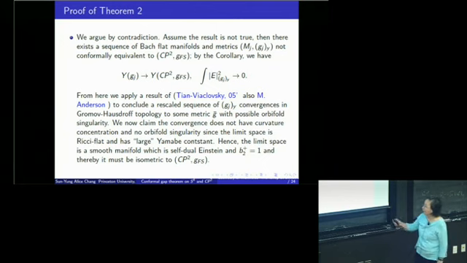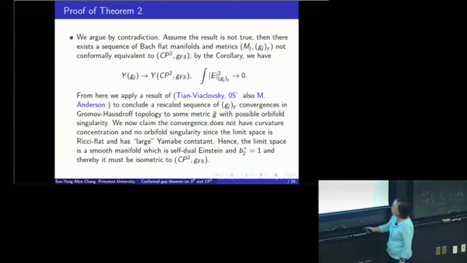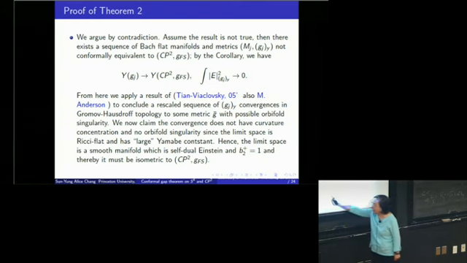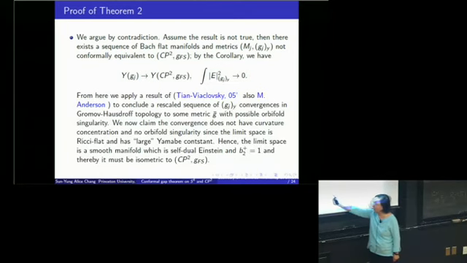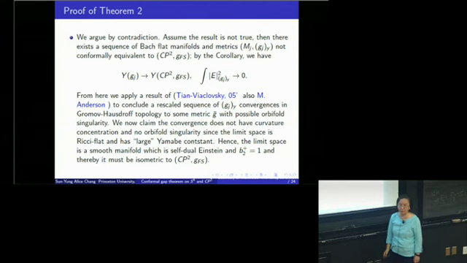So the upshot is that the limiting space is actually flat, it's R4. From there, one can show that the limiting metric is self-dual Einstein and CP2. There is some work here.